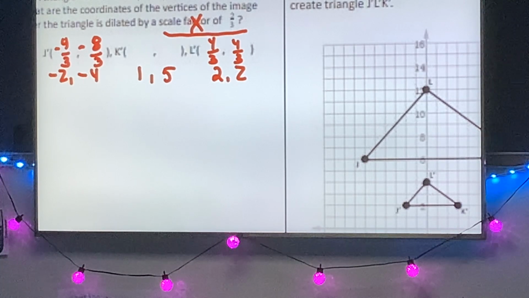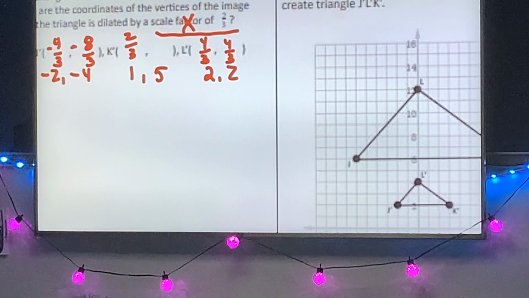What's 1 times 2/3? 2/3. And what is 5 times 2/3? Yes. 5 times 2/3. 10/3.